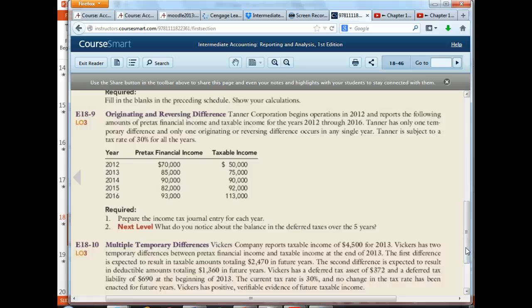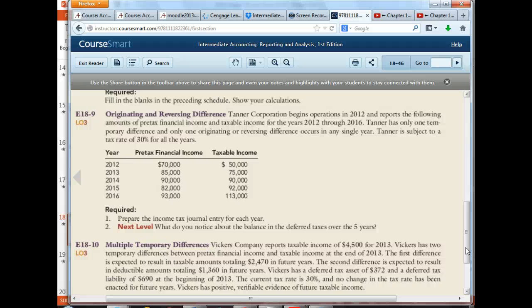Okay. Tanner Corporation begins operations in 2012 and reports the following amount of pre-tax financial income and taxable income for the years 2012 through 2016. So financial income means book income, tax income means government suck you dry income. Okay, so we've got 2012, 13, 14, 15, 16. Financial income, $70,000 for 2012, taxable income, $50,000.